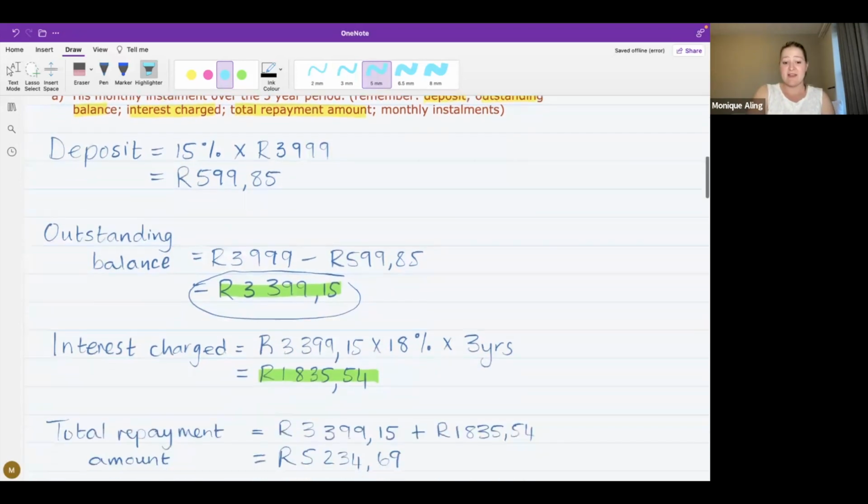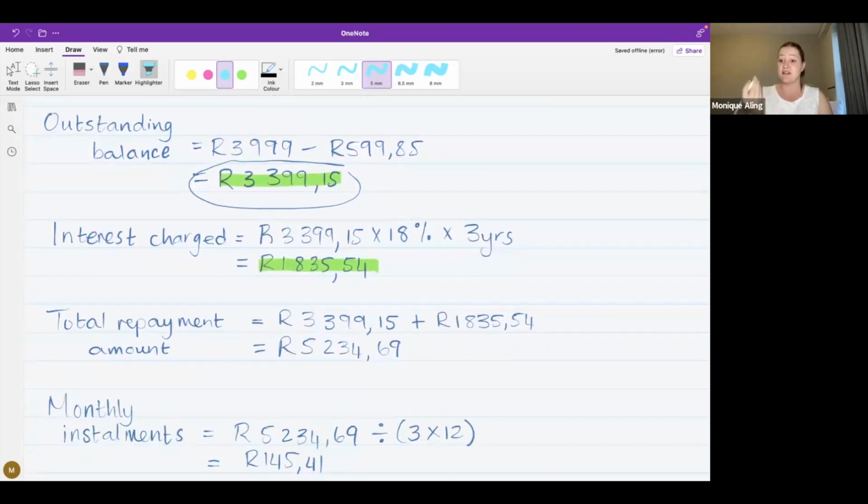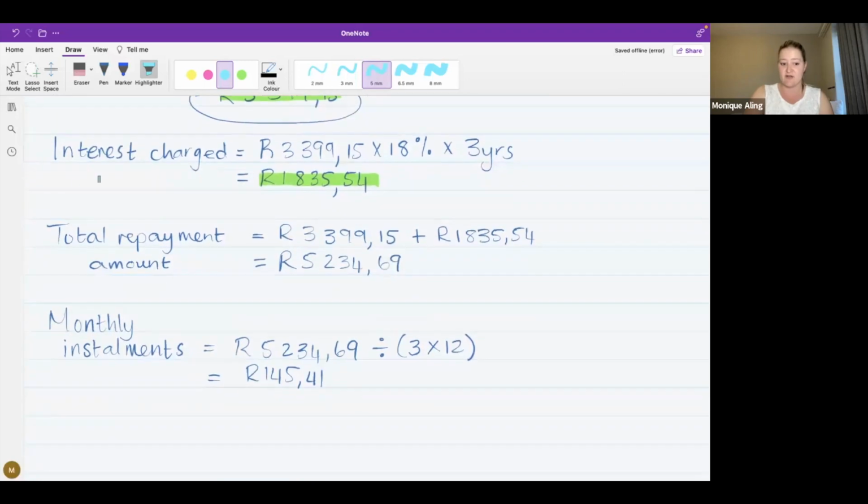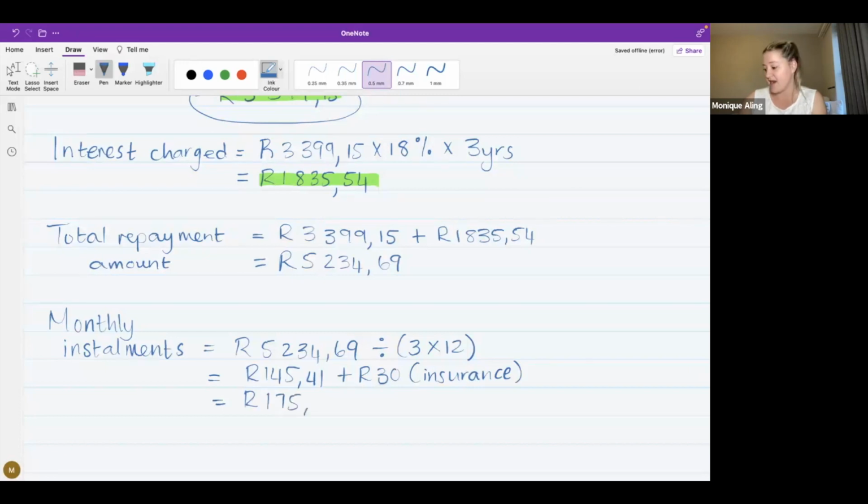So his monthly installment, according to this scenario, will be plus 30 Rand insurance. Now, it's not always going to be involved. As we saw on Monday, we didn't have insurance. Sometimes they can add in things like this. So it's going to be 175 Rand and 41 cents.